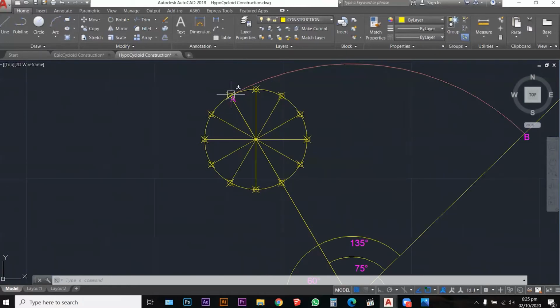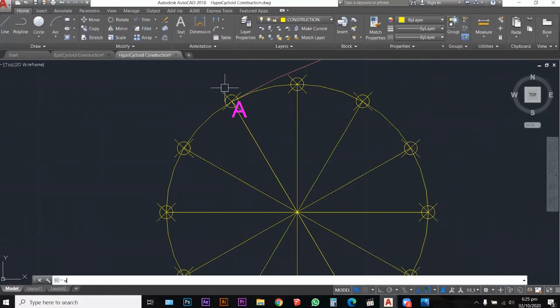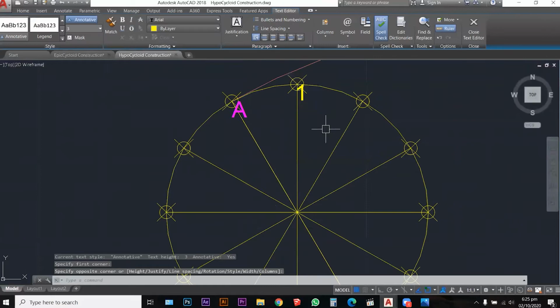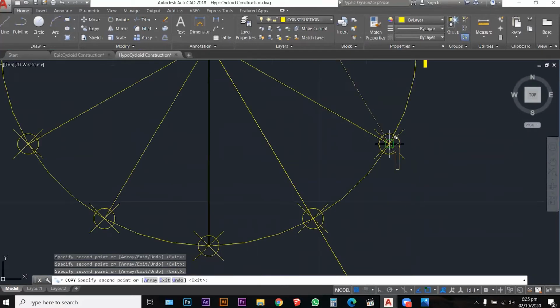Now, what I'm going to do before I do anything, I'm going to number these points around the circle. So A is also positioned at point 12. So I'll just go here and I'll call that 1. I usually copy all my numbers, and then I just go back and edit later on.